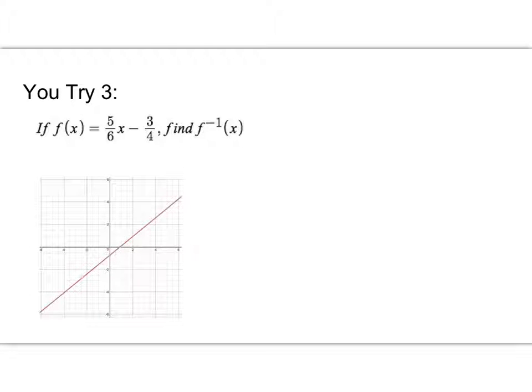Okay, this is a one-to-one function. It's just a linear function, so let's go ahead and check. y equals 5/6 x minus 3/4. Switch our x and y around. What do I want to do first? I'm going to add 3/4.